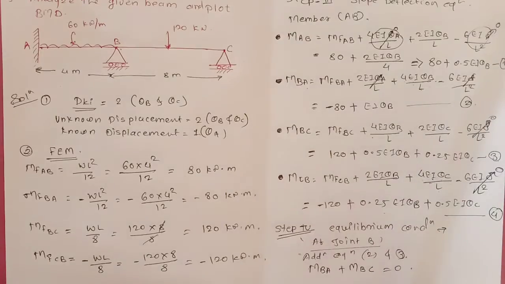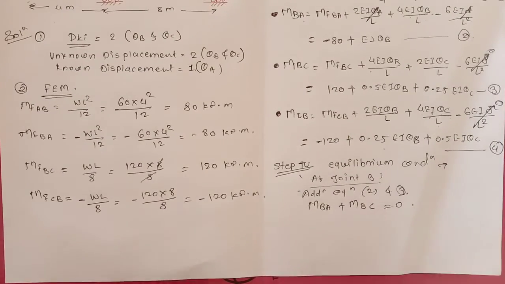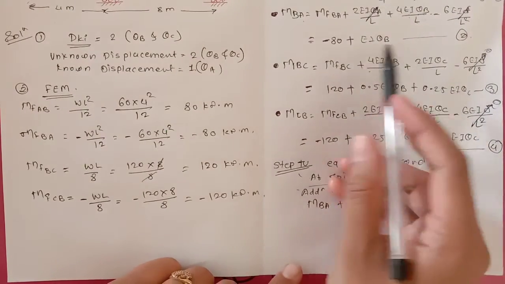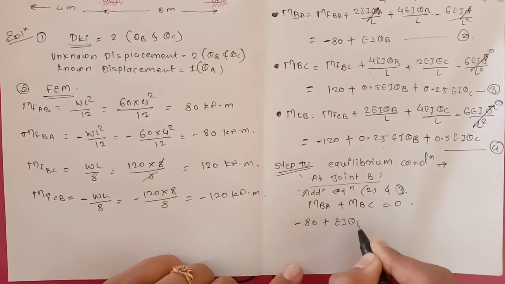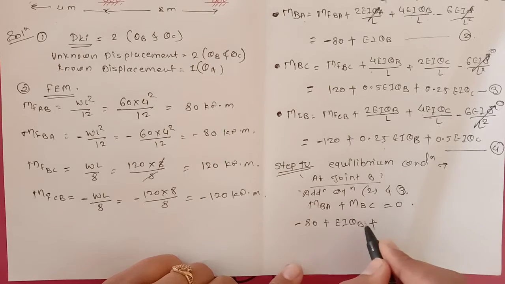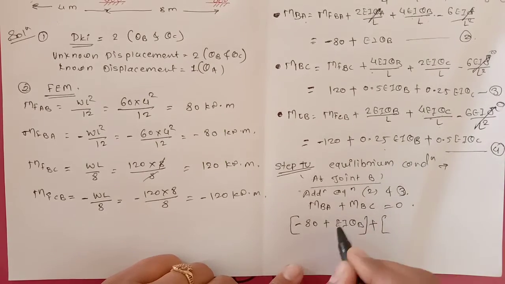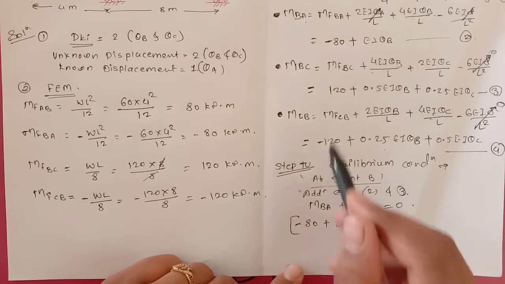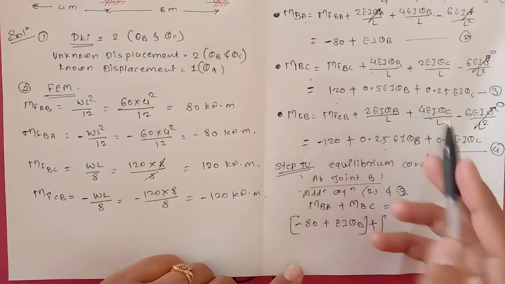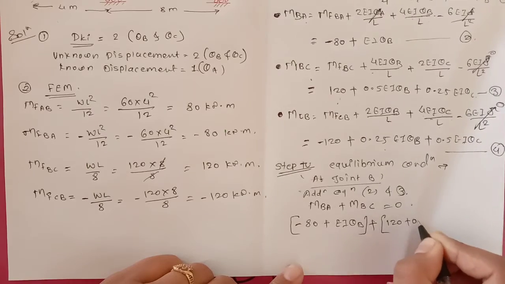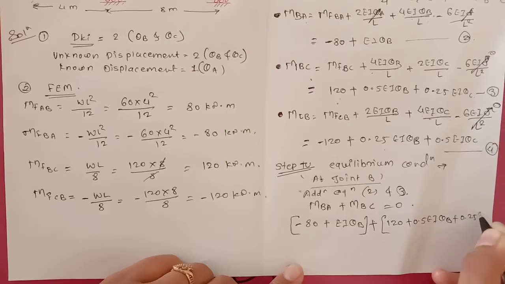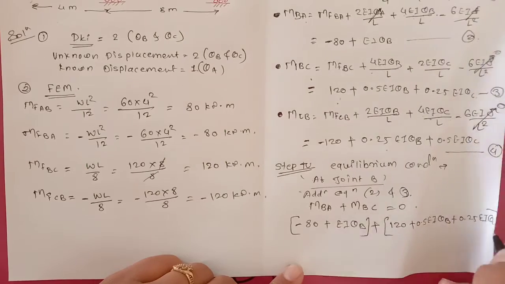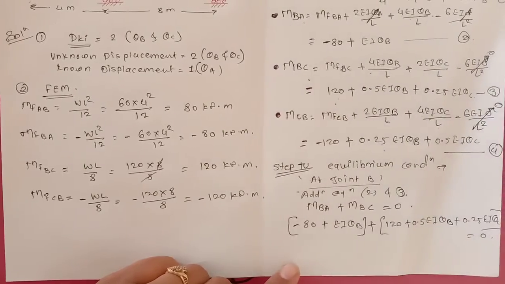So the second equation is minus 80 plus EI theta B, plus the third equation for member BC, that is 120 plus 0.5 EI theta B plus 0.25 EI theta C, is equal to 0.